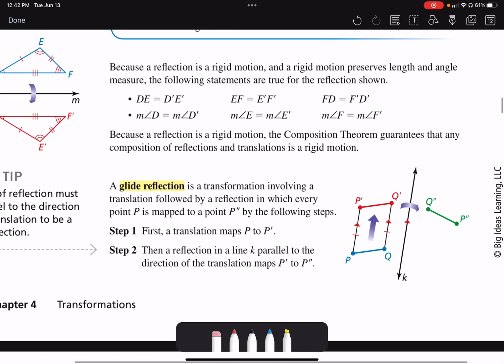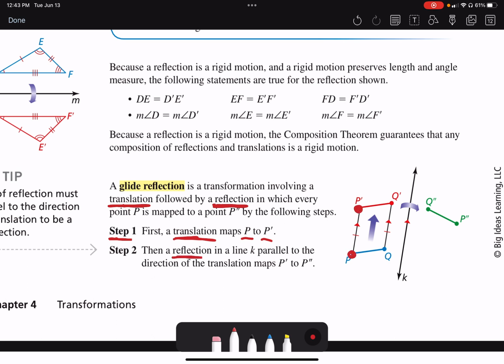All right, so now we have what's called a glide reflection. A glide reflection is a transformation involving a translation followed by a reflection. Every point P is mapped to a point P double prime by the following steps. First step, translation maps P to P prime.